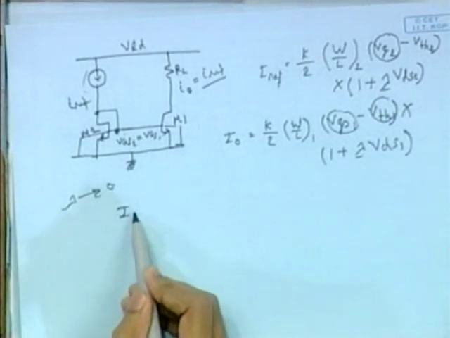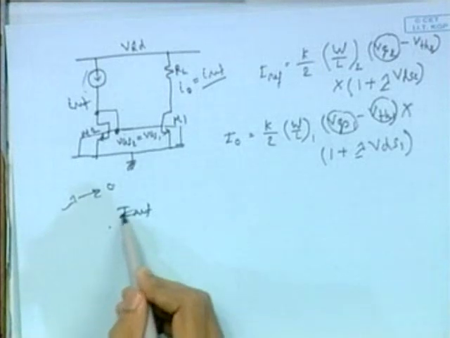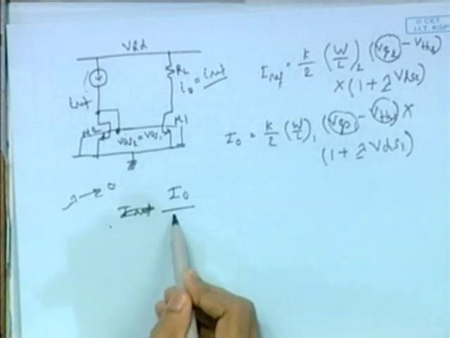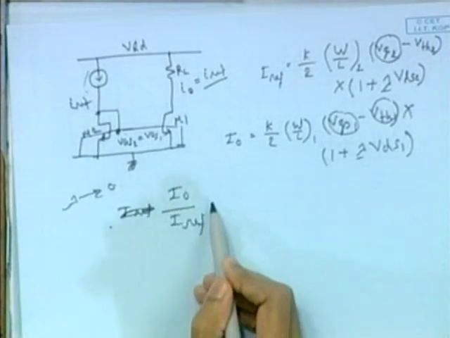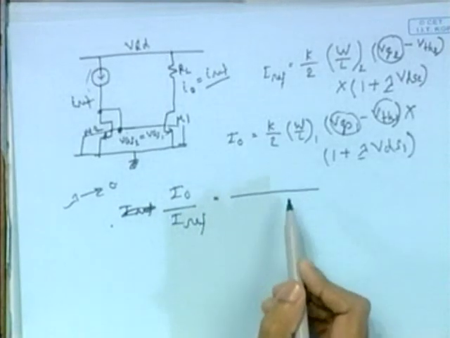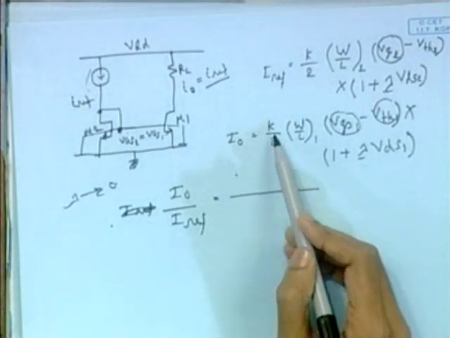So we can write I0 by IREF, all this will cancel.